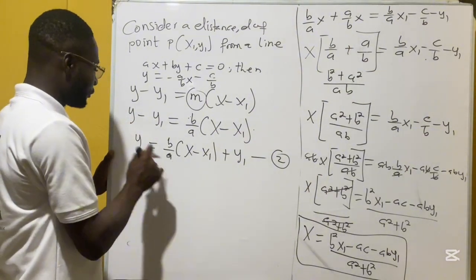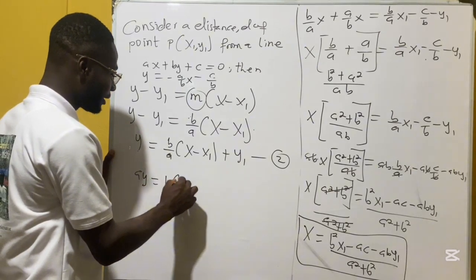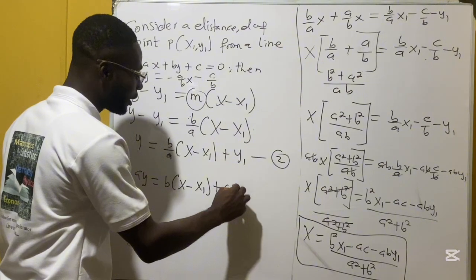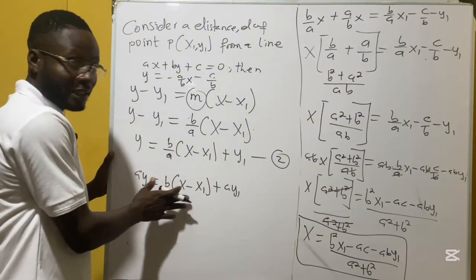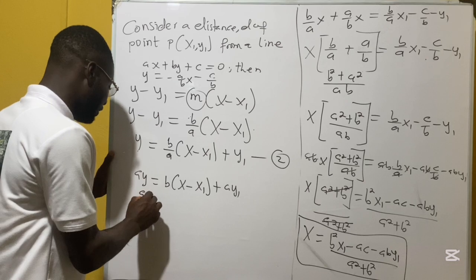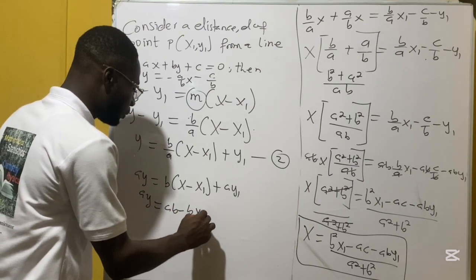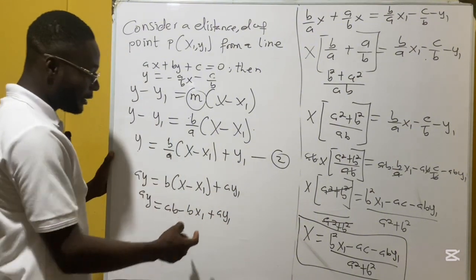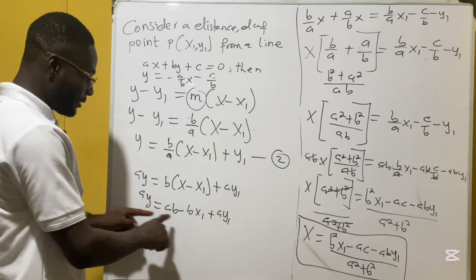So we have ay equals b into x minus x1 plus ay1, right? So we need x, right? So we have ay equals bx minus bx1 plus ay1, right?